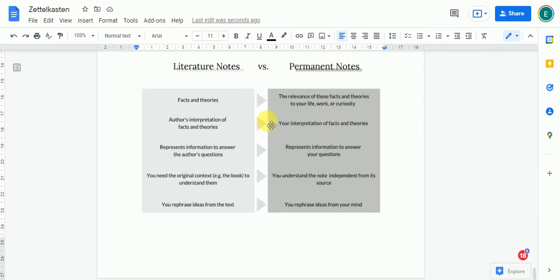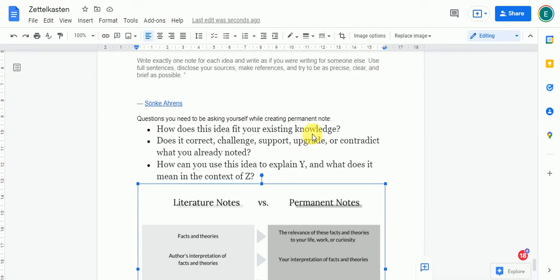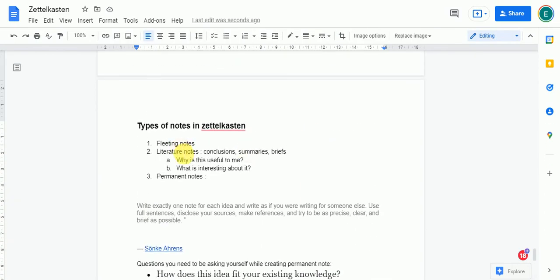Apart from that, what we need to discuss is the length of a note. While writing fleeting notes, literature notes or permanent notes, we always think about what the ideal length of the note should be. The ideal length should depend upon the clarity that you can give to a note in any number of words.